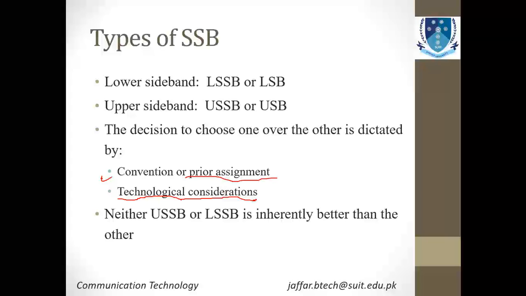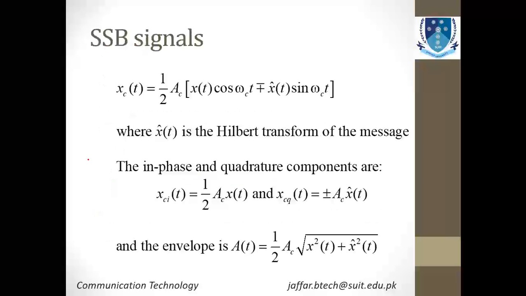So that is why we are going to shift our sidebands to the lower sideband, and vice versa. So this is totally a discussable topic. I will discuss it in the class in detail as well.